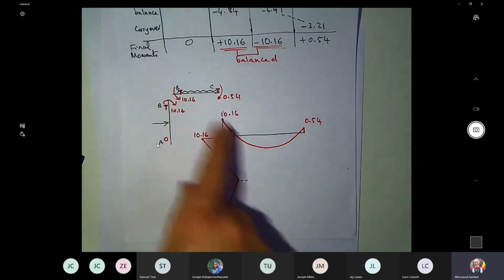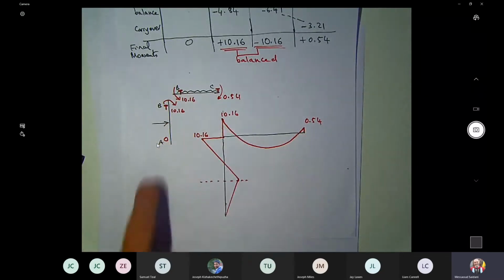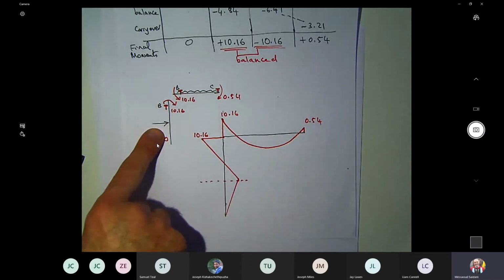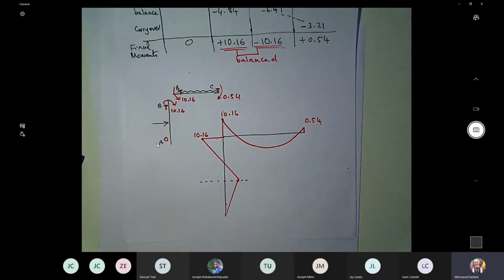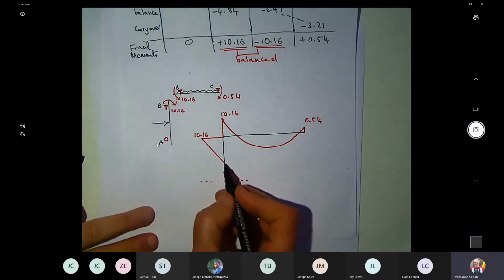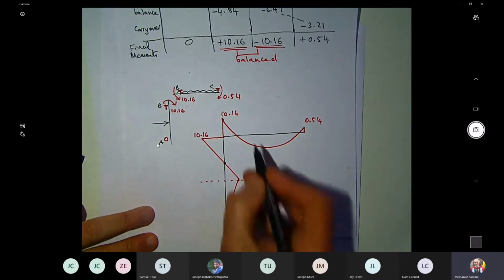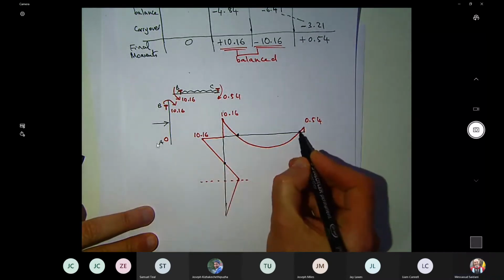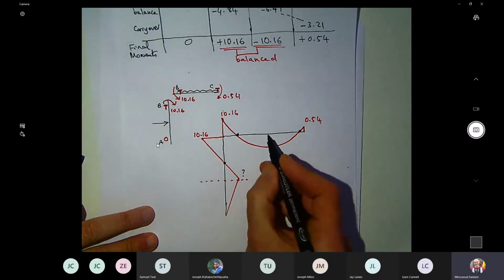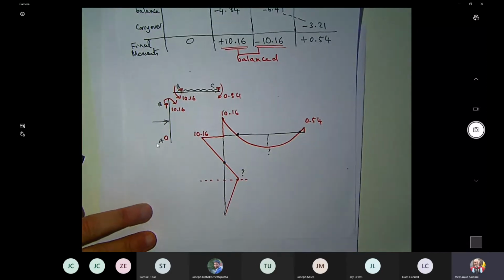We have a UDL, so it's parabolic, okay? And we have a point load here, concentrated load, so therefore it's linear. Okay, so we have 1 point of contraflexion here to determine, and we have 2 points of contraflexion, and these 2 moments to determine the maximum values, okay?